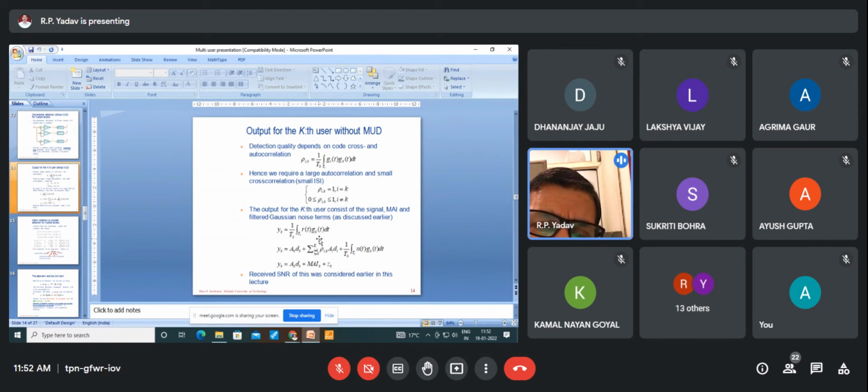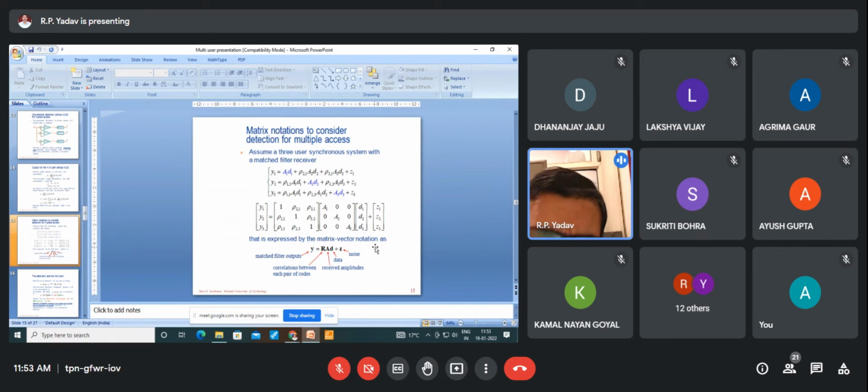If I correlate r(t) with g_k, my PN sequence or code, I generate a_k d_k here, corresponding to my MAI_k, which depends on the number of users, and this is my noise z_k. The received SNR was considered in the earlier lecture also. That's the matrix notation to consider detection for multiple access.